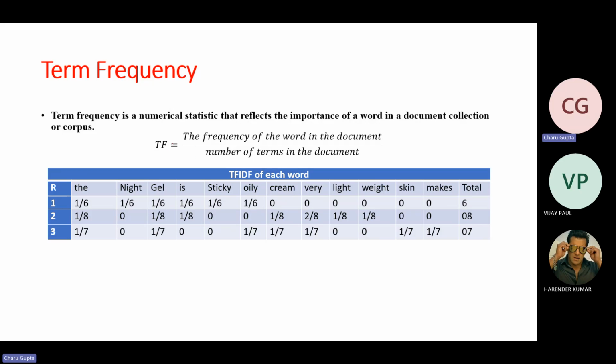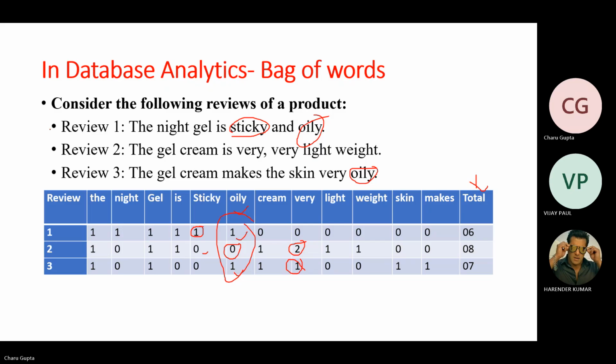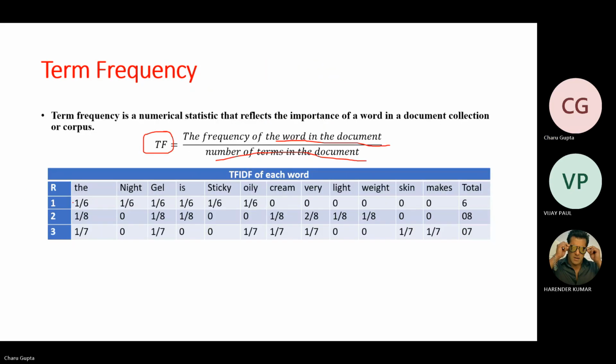The formula for term frequency, TF, is the frequency of a word in the document over the total number of words in the document. Here I have three reviews, so three documents. In the first review, there are a total of 6 words, so its TF is 1 over 6. Similarly, I will fill in the term frequency for each of the words.